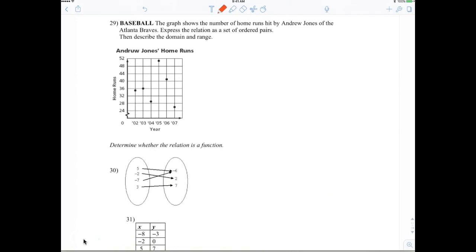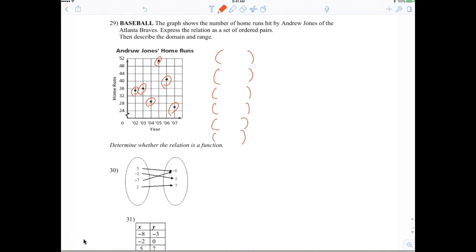29. It says, the graph shows the number of home runs hit by Andrew Jones of the Atlanta Braves. Express the relation as a set of ordered pairs. I see 1, 2, 3, 4, 5, 6. How many points were there? 6.